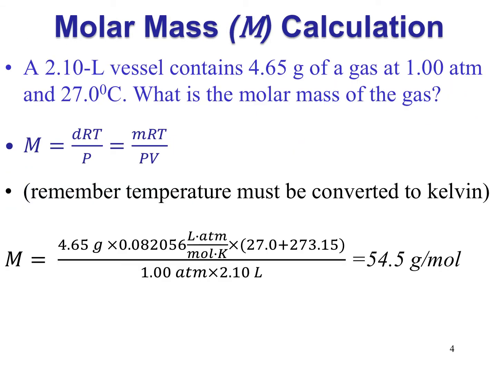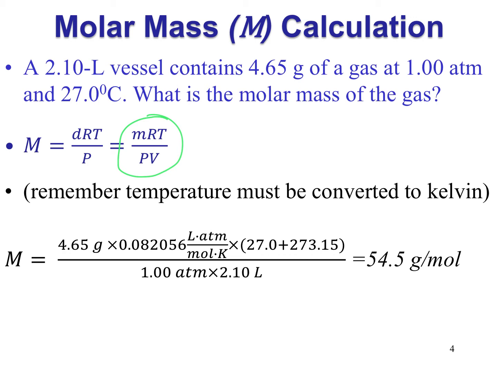Molar mass calculation. A 2.10 liter vessel contains 4.65 grams of a gas at 1 atmosphere and 27 degrees Celsius. What is the molar mass of the gas? Use the molar mass of the gas equals mass times R times temperature divided by pressure and volume, MRT divided by PV.